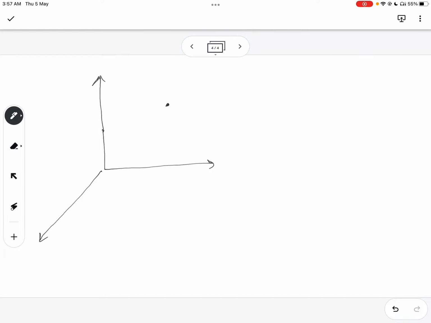So this is a point x, this is the vector x from reference position 0, this is the E1, E2 plane, and this is E3.